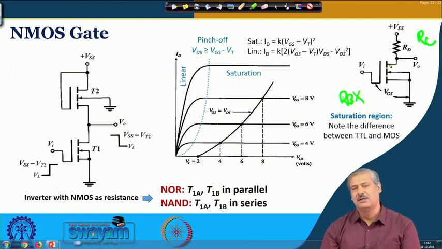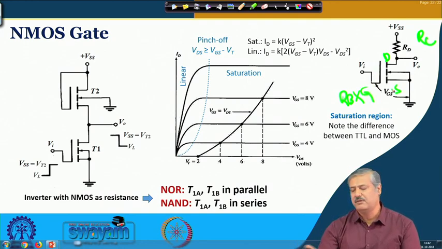If it is less than the threshold voltage, the channel is not formed and the current will not flow. So VGS needs to be greater than the threshold voltage. This is your drain, this is your gate, and this is your source.